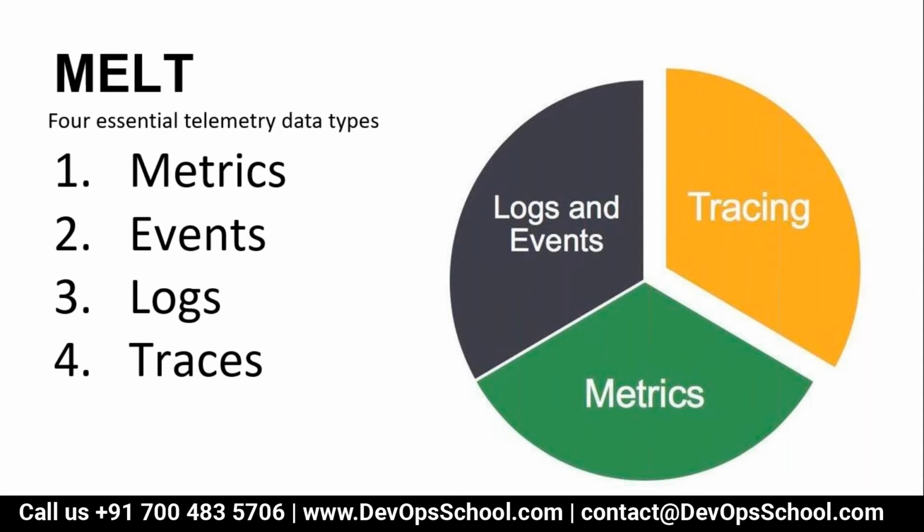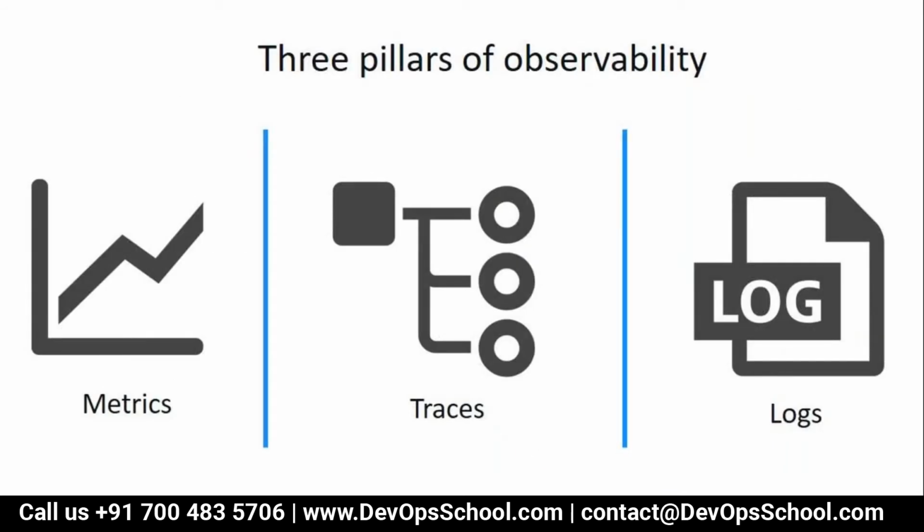Traces means the requests which you make to the applications. So all these things together we call MELT, and these are the four most essential telemetry data types.